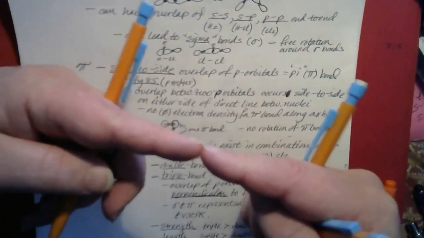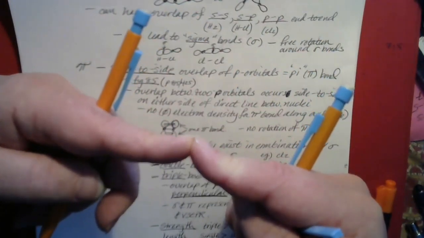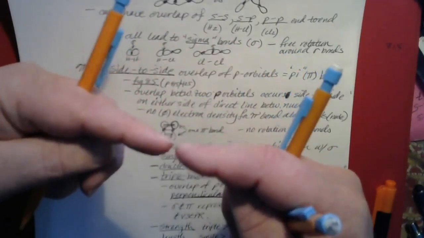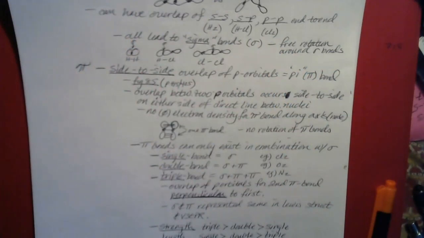If you get atoms next to each other that have p orbitals with single electrons in each, you can get a side-to-side overlap between those p orbitals. That would be considered a pi bond.